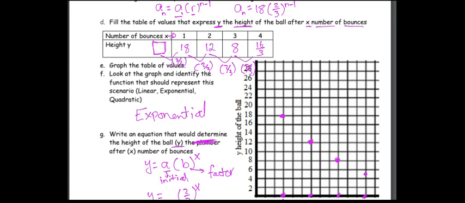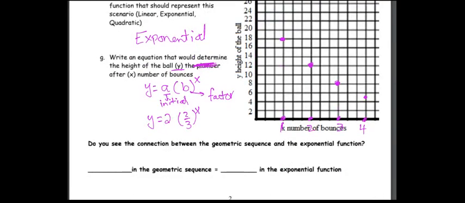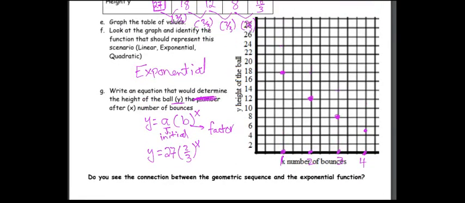Now to get that number, all I can do is to do the opposite and divide 18 by 2 over 3. And when you divide 18 by 2 over 3, you get 27. And that's the initial value. So the initial value is going to be here, which confirms that this graph looks like an exponential decay function.